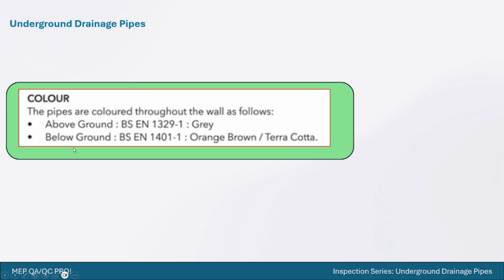The below ground pipe is 1401, and the color will be orange, brown, or terracotta. This is the color for these two standards. So what we have learned is: below ground we use 1401, above ground we use 13291, and the colors are gray and orange. From there you will catch everything.